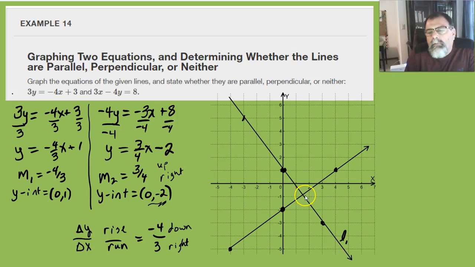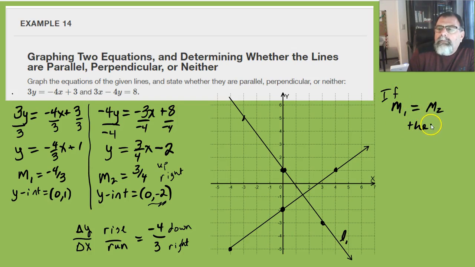But we can't just eyeball it. It could be close. How do we know for sure that it's perpendicular? That's the rule. If the slopes are equal, then it's parallel.